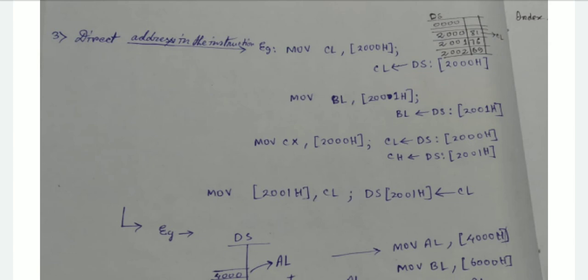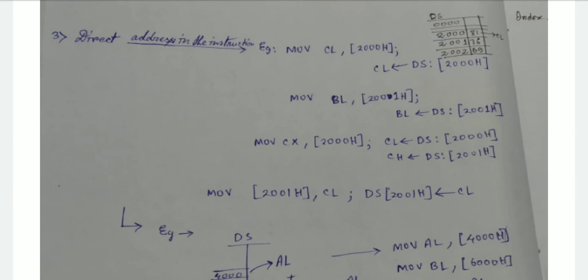So the data moves from the offset address into the register. That is the actual explanation of this instruction. Come to the third example, MOV CX, [2000 hex]. CX is a 16-bit register. So CL will get the data of 2000 hex, and CH will get the data from 2001 hex.